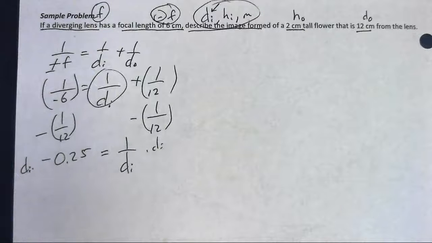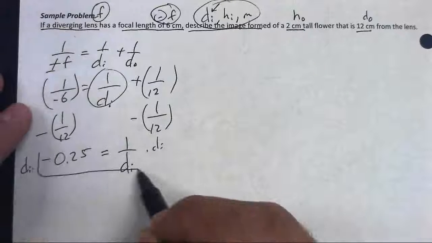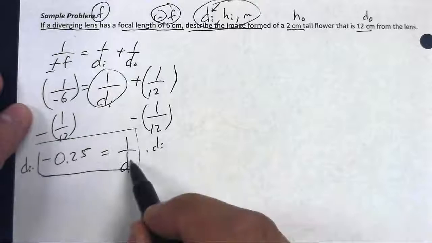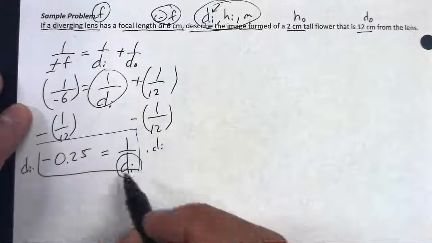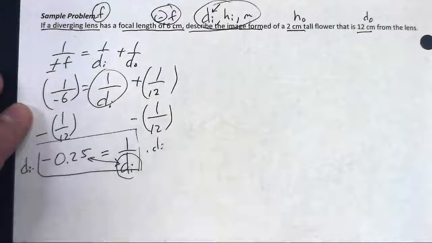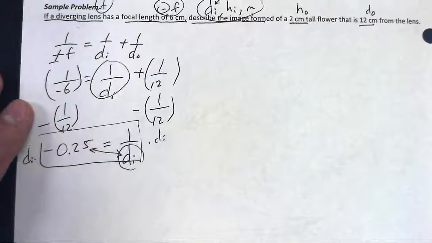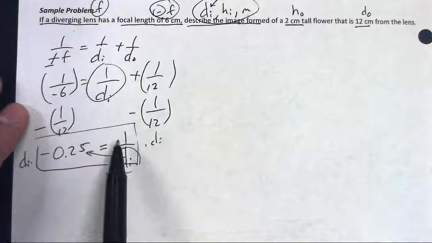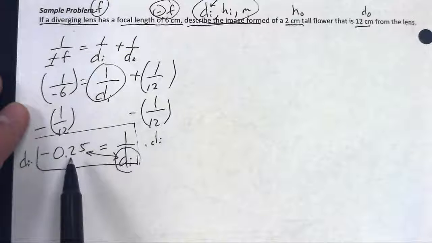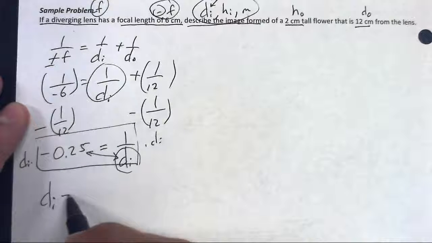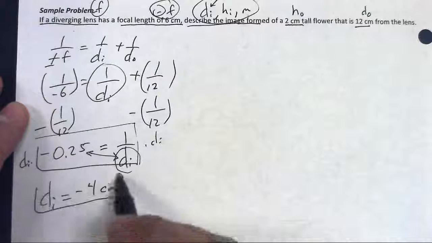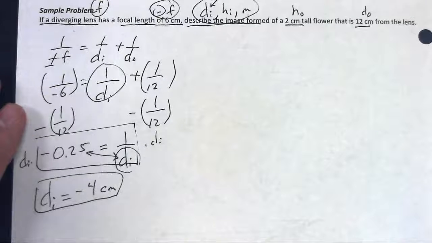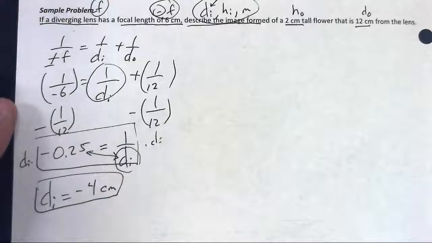The ultimate result of this that you can kind of memorize, because we have a lot of equations in this form, is when we're solving for the variable that's in the denominator and there's nothing over here, what you can basically do is make these two switch places. In other words, to get the distance to the image, we now have to do 1 divided by negative 0.25. And if you do that, you get negative 4, and the units here are centimeters because everything else was in centimeters. So the distance to the image is a negative 4 centimeters.